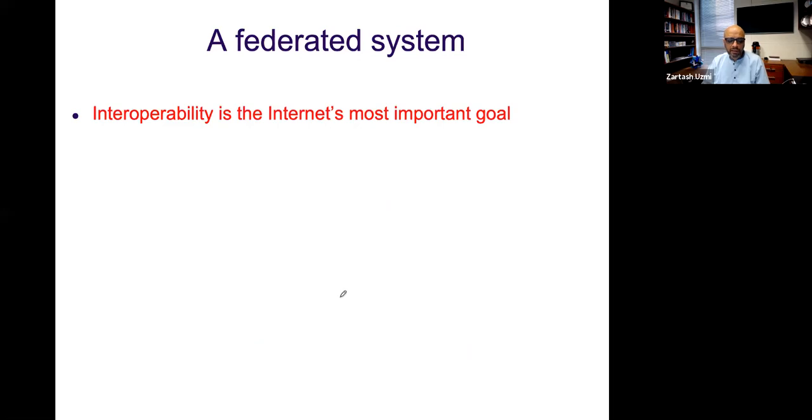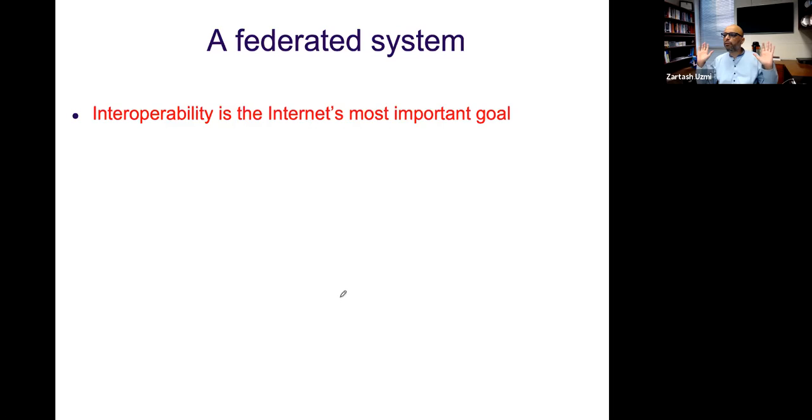So the internet is a federated system, and interoperability is the internet's most important goal. What do we mean by interoperability? It means all the devices are able to talk to each other. Similarly, routers can talk to each other. Cisco can make a router, Huawei can make a router, and my network can use any of these devices, one made by Cisco, one by Huawei, one by Juniper, one by ZTE, and all of these devices together make my network.